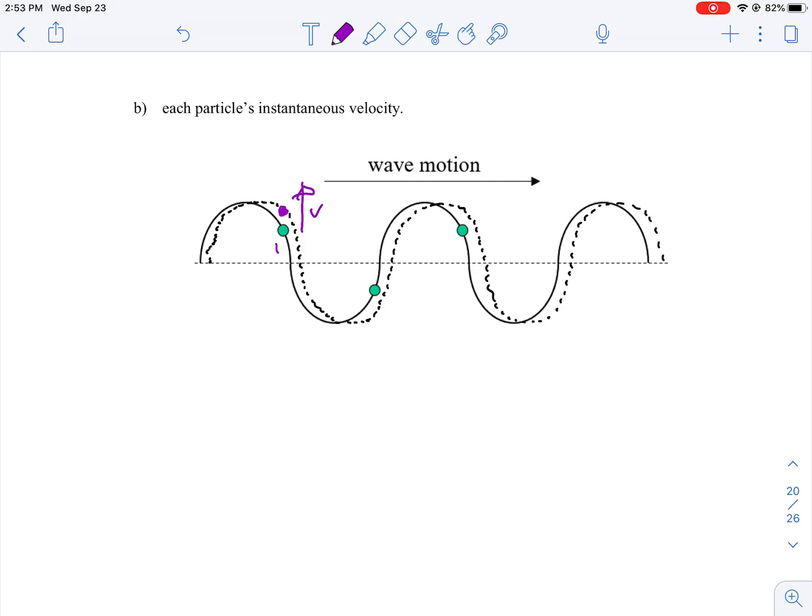And if you look at the next one, you'll see that the particle is now below it. So it must have moved downward to get there. And similarly for the third one, the velocity is going upward. So you could draw a shifted version of that wave, and you see where the particle will now be. Either technique is good.